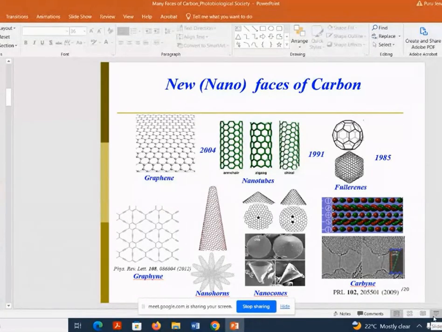In the middle of the slide, nanocones, nanotubes. In the bottom side, you see, there, hide is there. Just below that, it's right in the middle. Go to Google, share your screen, then share screen, then hide is written. Yes. Now make it full screen. That's it. Now you can see it? Yeah. No, now it's clear.